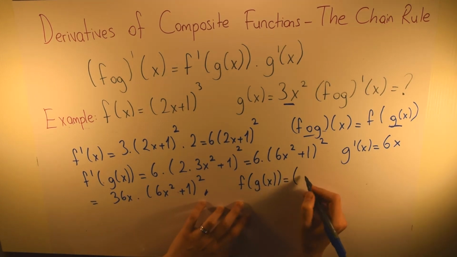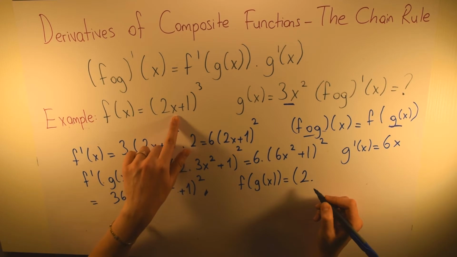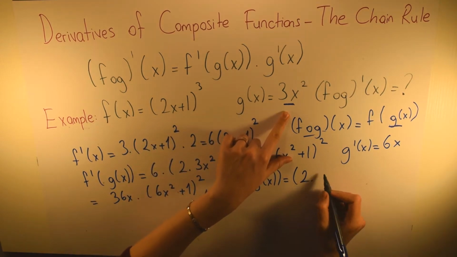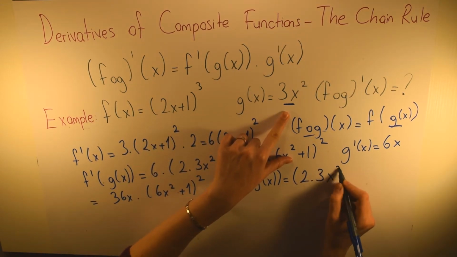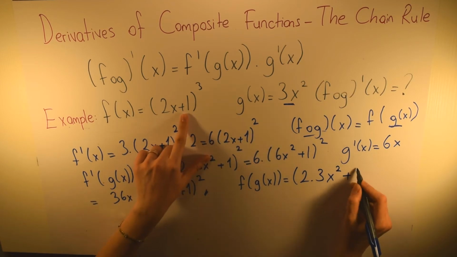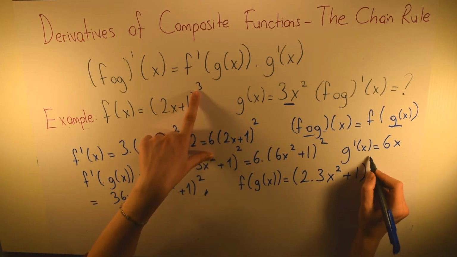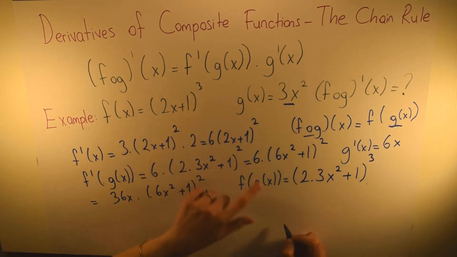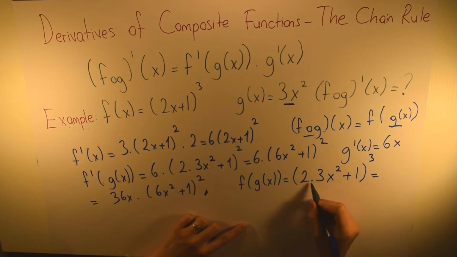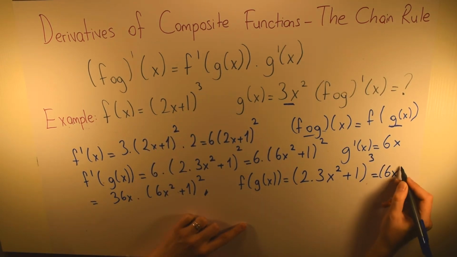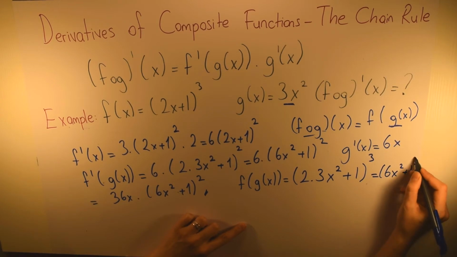It will be 2 times 3x squared plus 1 to the power of 3. Now this is also equal to (6x squared plus 1) to the power of 3.